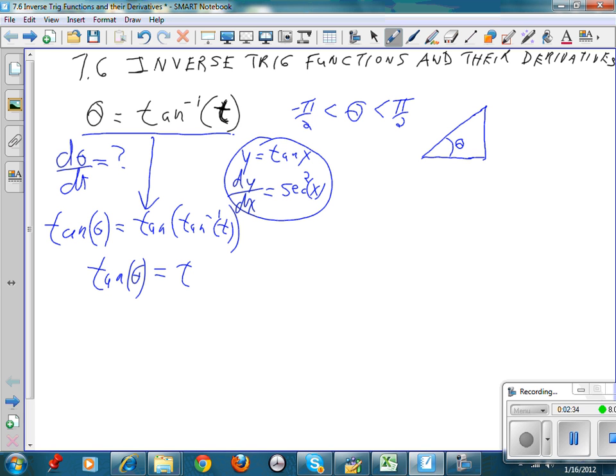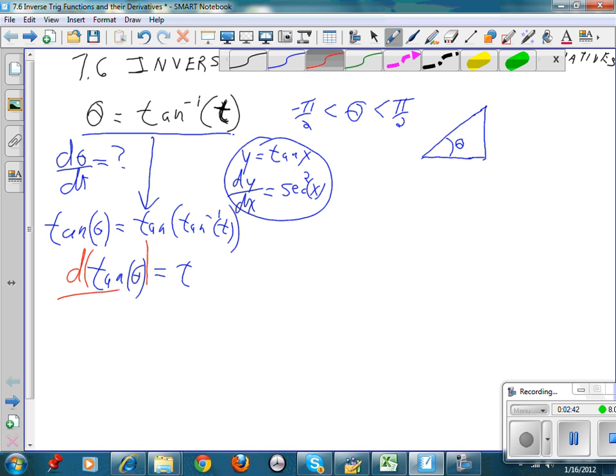Okay, let's go to work now. This is an implicit differentiation problem, isn't it? We'll take the derivative with respect to t of both sides. And we're going to get what? The derivative of the outside function times the derivative of the inside function, which is d theta dt times the secant squared of theta, is equal to the derivative of t with respect to t.